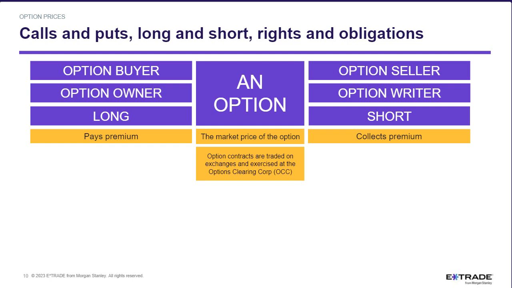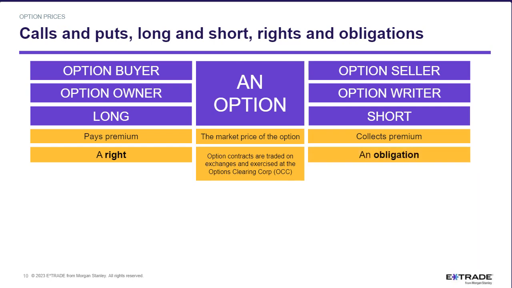So when you buy this option, you have a right. We don't know what that right is yet because we're going to get to that with puts and calls. But when you buy an option, you have a right, remember, like the pizza coupon. Wherever there's a right, there's an obligation on the other side of that trade. So the option writer has an obligation to fulfill if the option owner chooses to exercise their right.